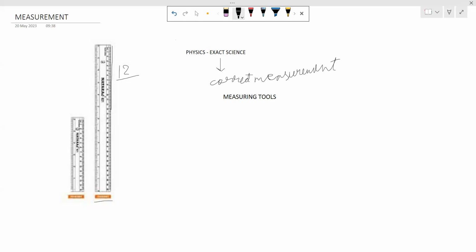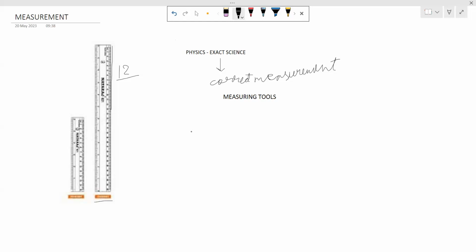So by that you are able to measure the length or the parameters of different materials. So why measurement is important? For accuracy, because physics is called exact science. So for accuracy, we need to have correct measurement.